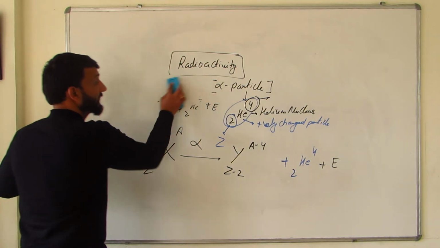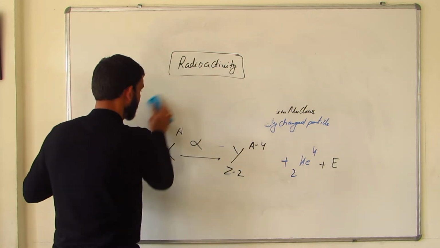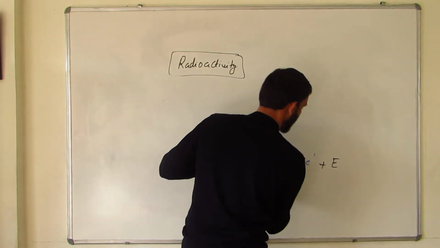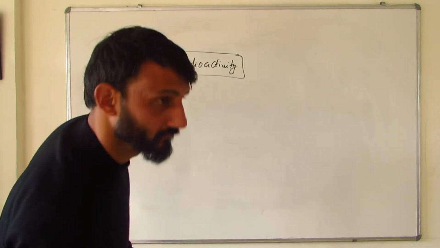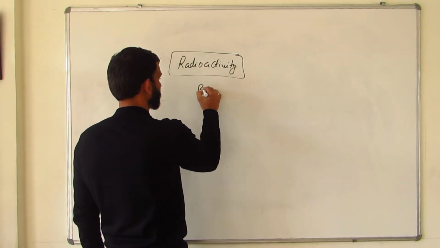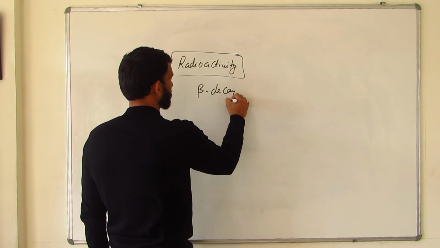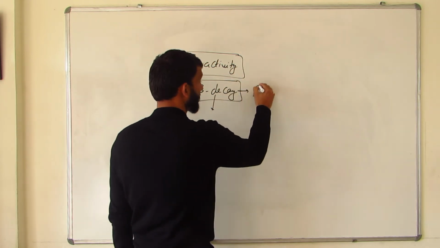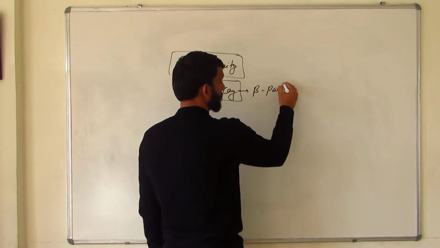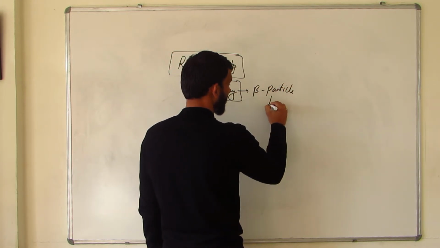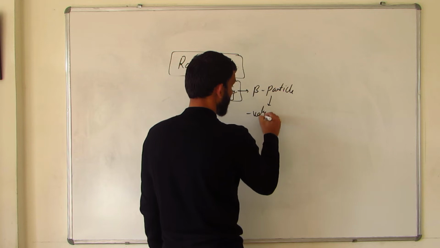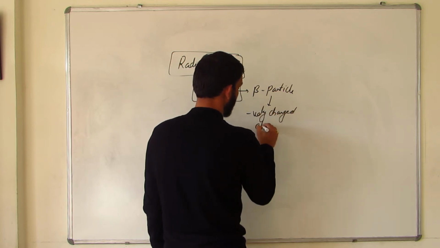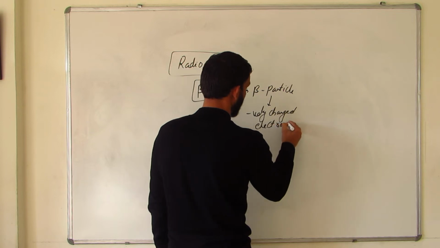Now next is beta decay. What happens in beta decay? It emits a beta particle. What is a beta particle? A beta particle is nothing but a negatively charged electron.